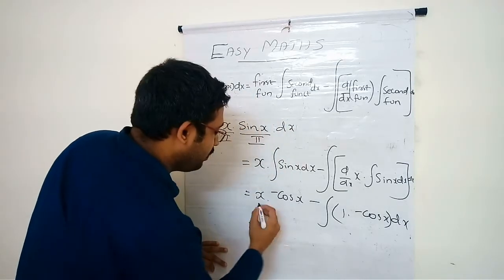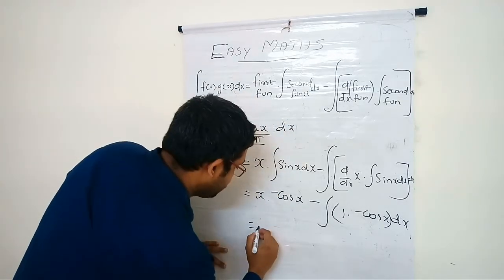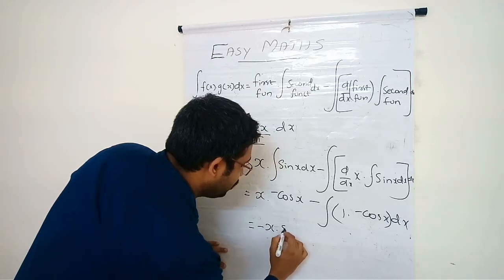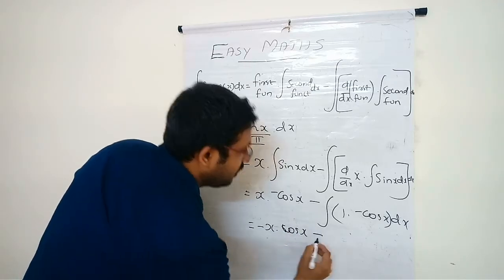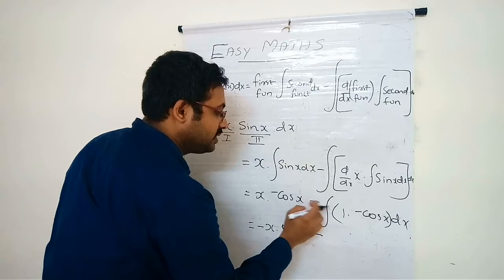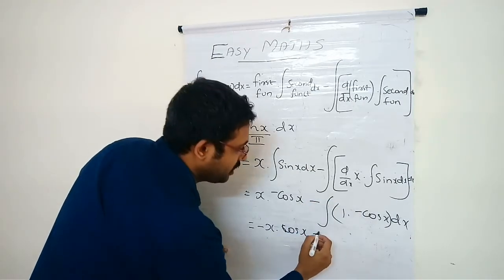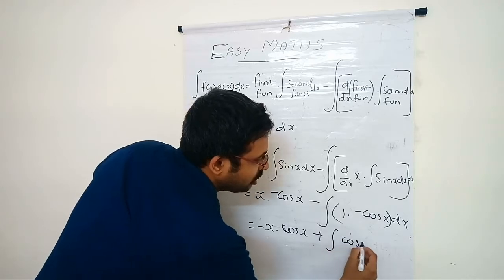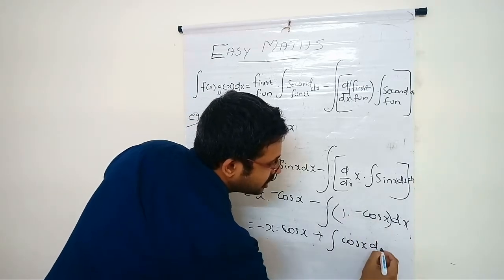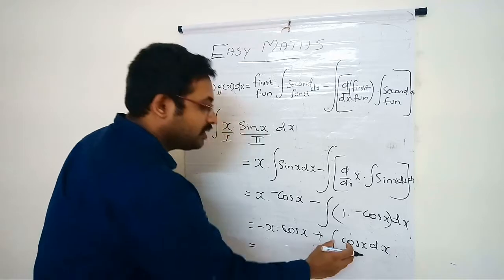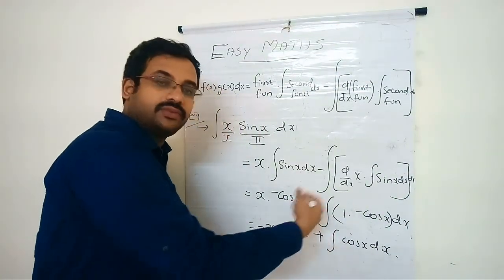Then simplifying this, minus I am taking outside, then minus x into cos x, minus, sorry, I am taking this minus outside, so minus into minus becomes plus integral cos x dx. 1 into cos x is cos x dx alone. Here we want to apply integration once again.